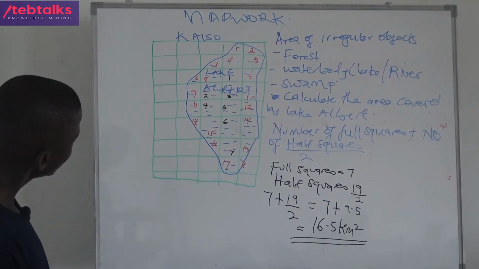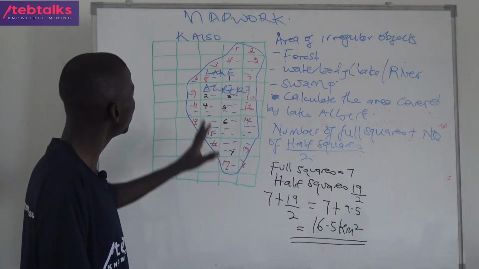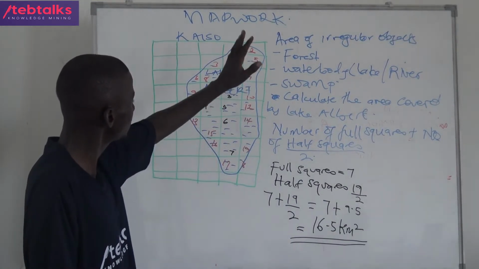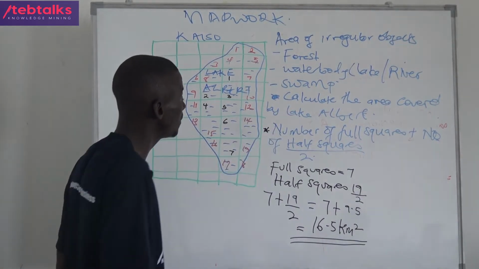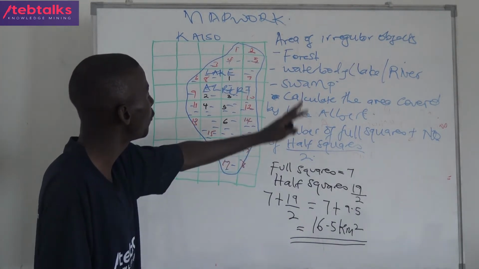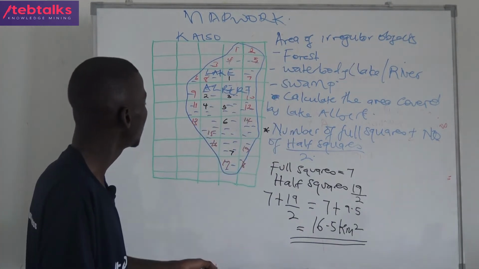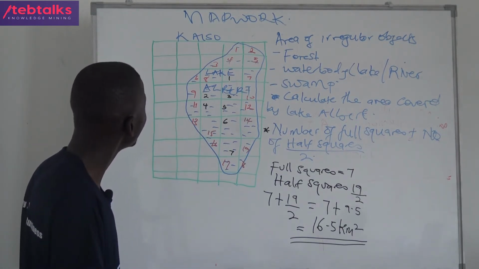So if you want to know the area of any irregular object, that is the procedure. Never forget to write the formula, because the formula itself is marked on its own. So that's where you begin from: number of full squares plus number of half squares, but the number of half squares divided by 2.